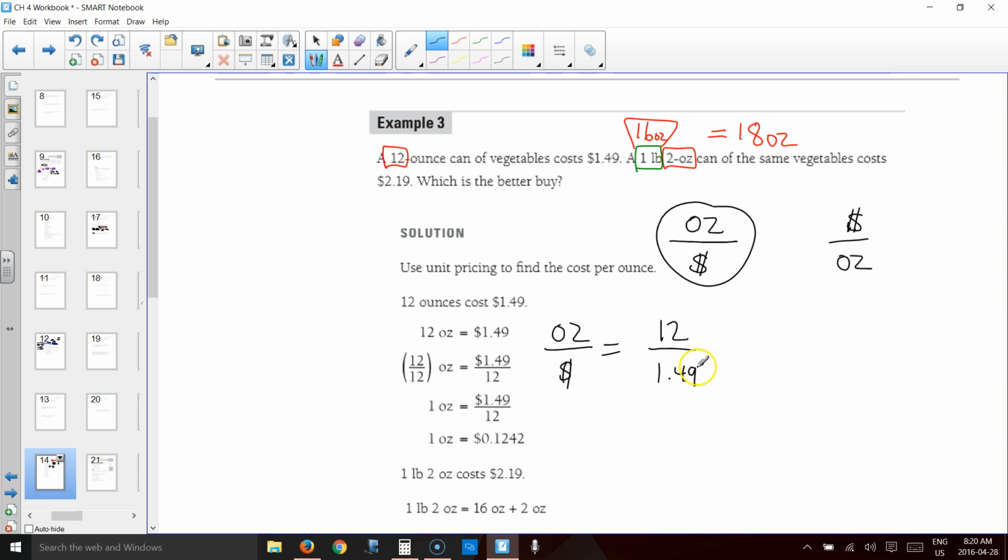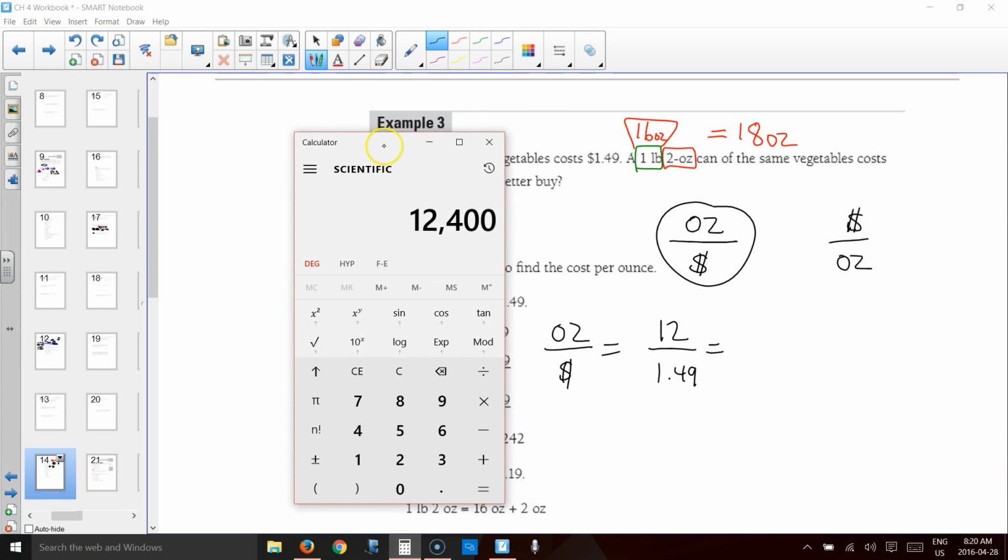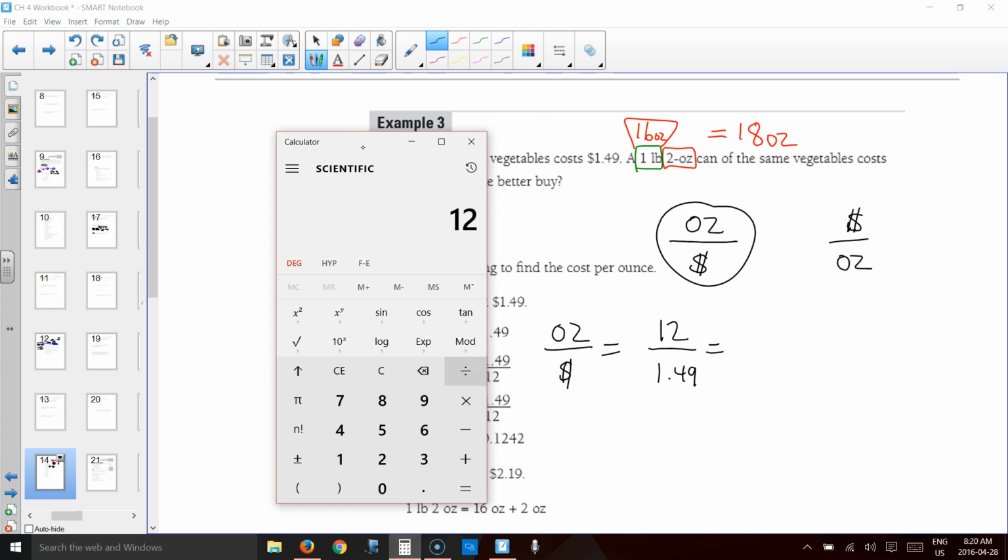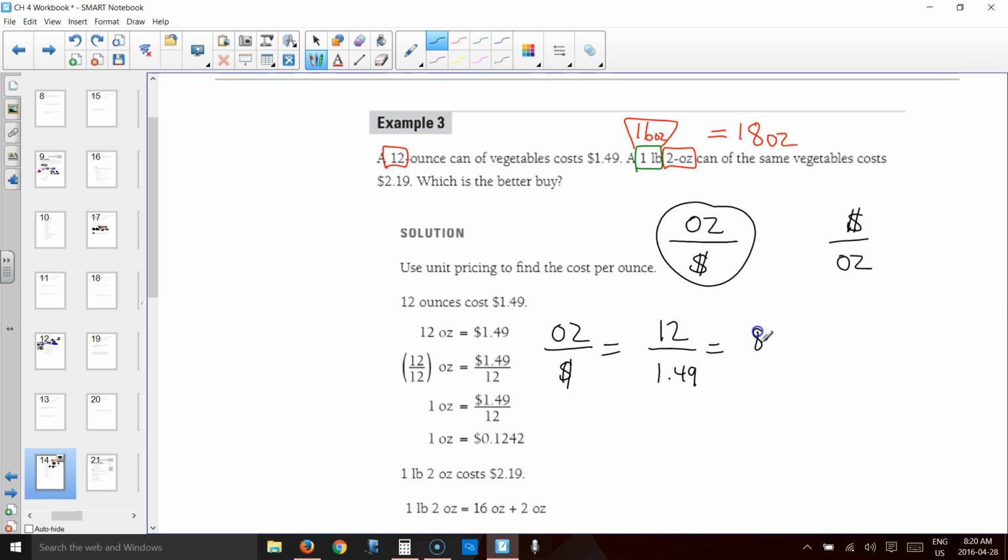If I take the 12 and divide it by 1.49, I get 8.05. Ounces are on top, dollars on the bottom, so it's ounces per dollar. I get 8.05 ounces per dollar.